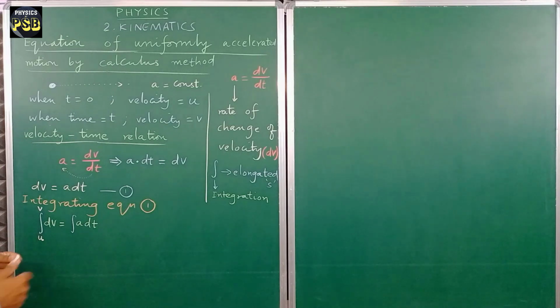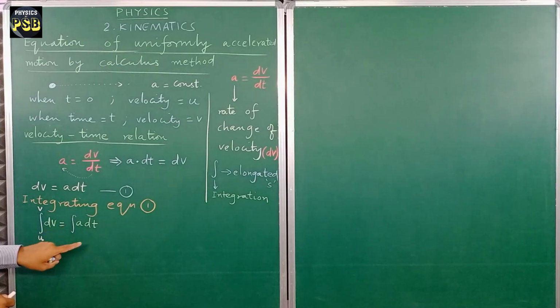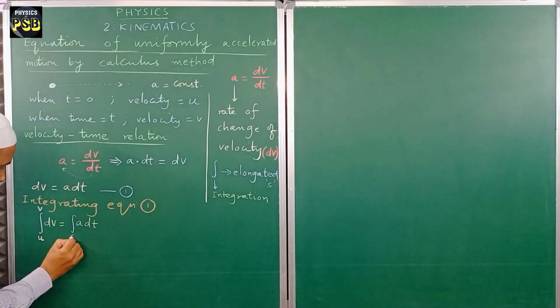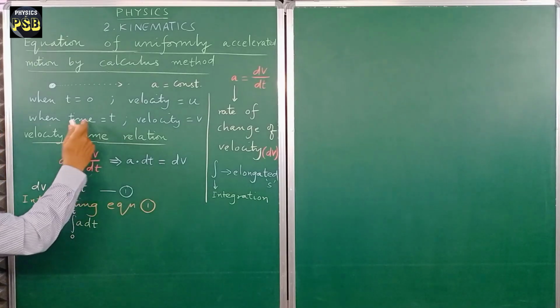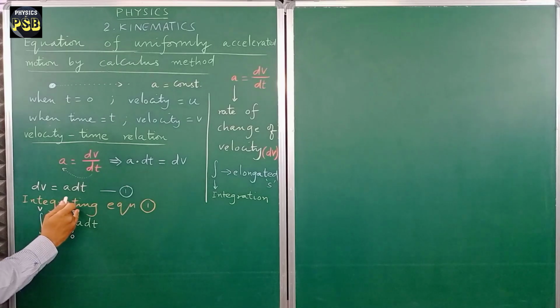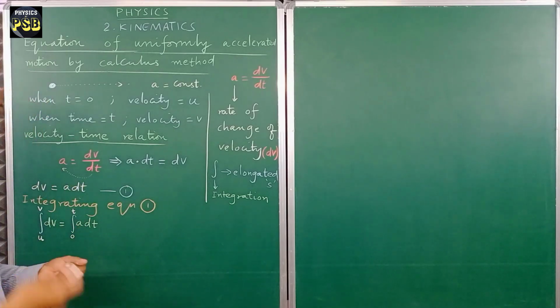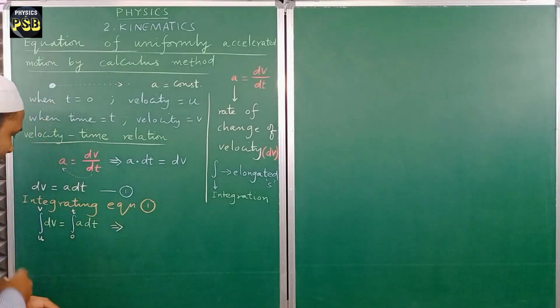In a similar way, on this side the variable is time, so we need to mention the lowest and the highest value of time. The lowest value is 0, which I mention here as the lower limit. The upper value is t. Clear? So we have a lower limit and an upper limit in the integration. And here a is a constant. We do not integrate a constant, which is why it is taken outside.